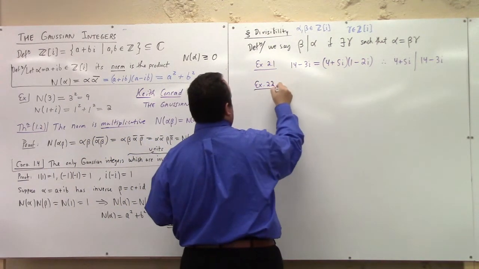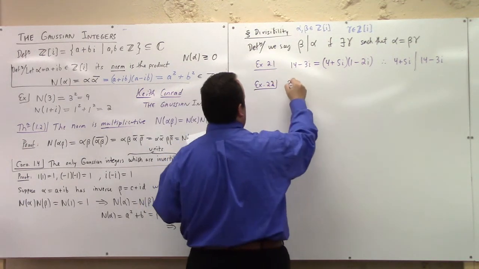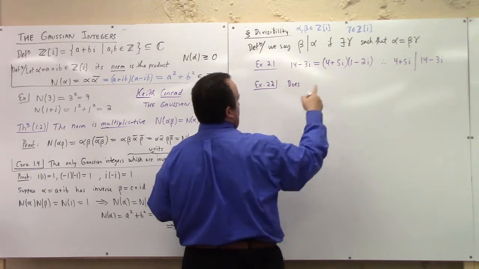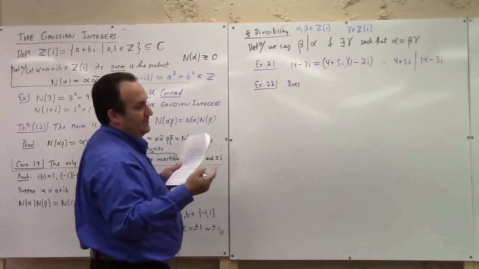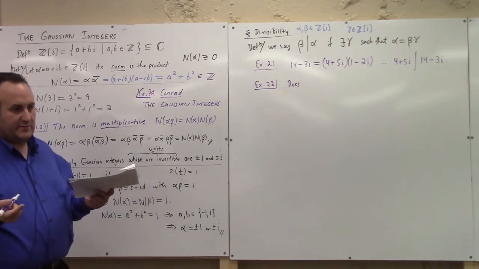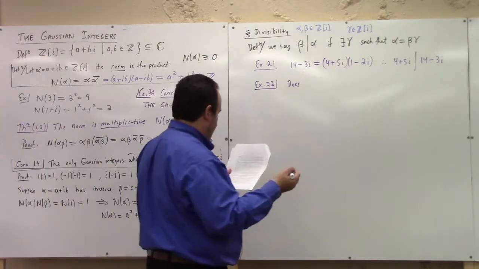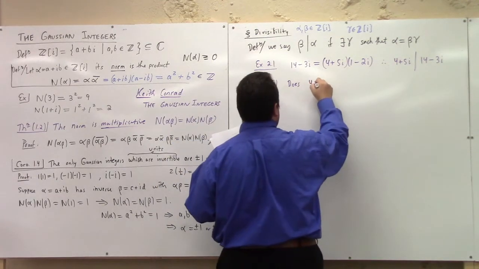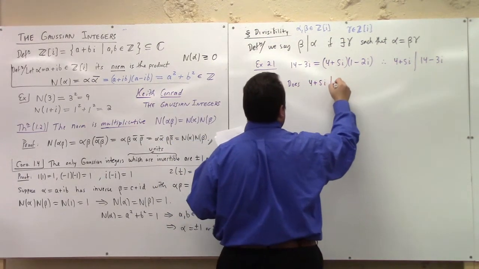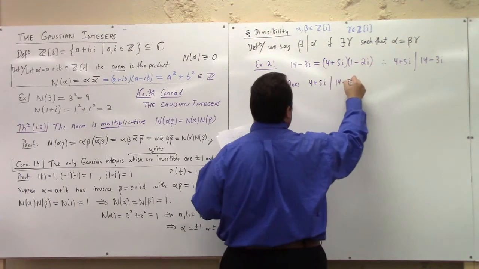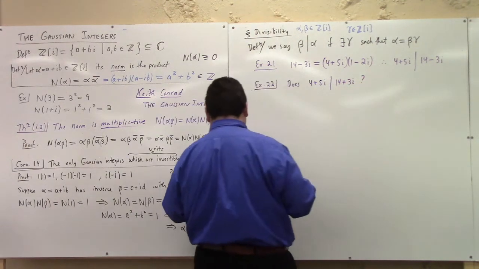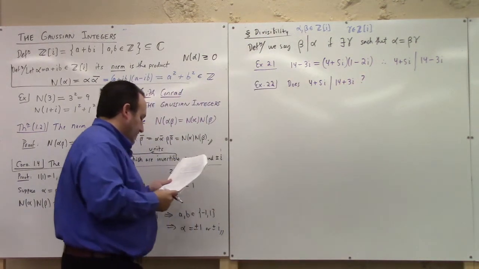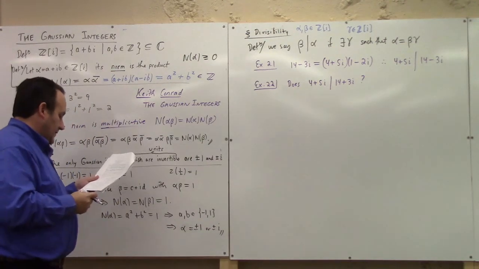In Example 2.2, he asks a related question. We just saw that 4 plus 5i divides 14 minus 3i. What about 14 plus 3i? Does 4 plus 5i divide it?